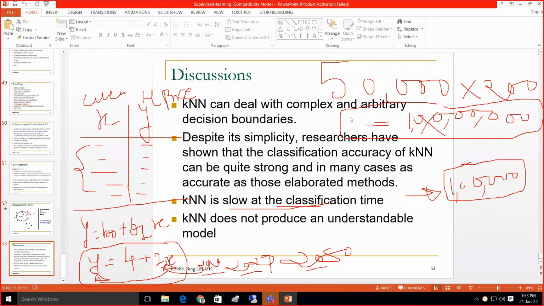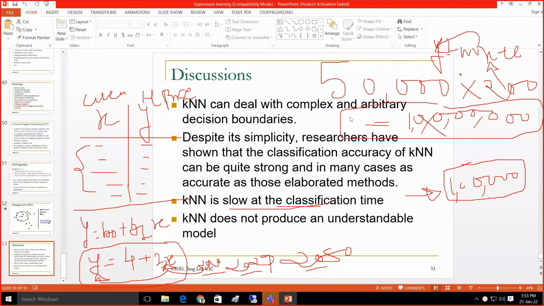Instead of KNN, can we have some y equal to mx plus c, a trained model? You just apply the 200 values and directly predict the y. It is pretty simple. If you want to go with regression, you use linear regression. If you want to go with a discrete value, you can go with logistic regression. You have an option. So I told the limitation of KNN.